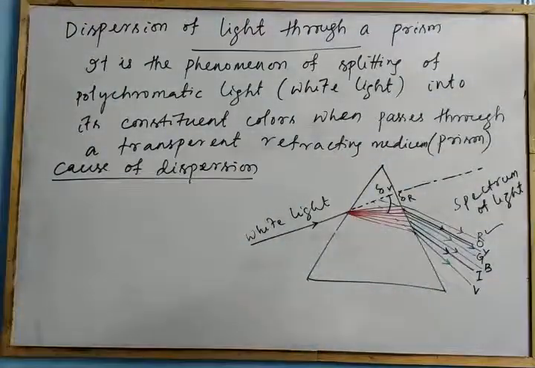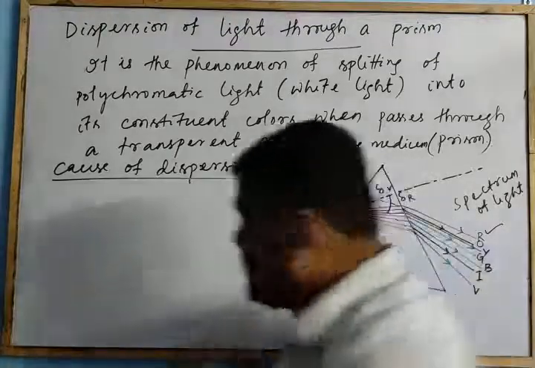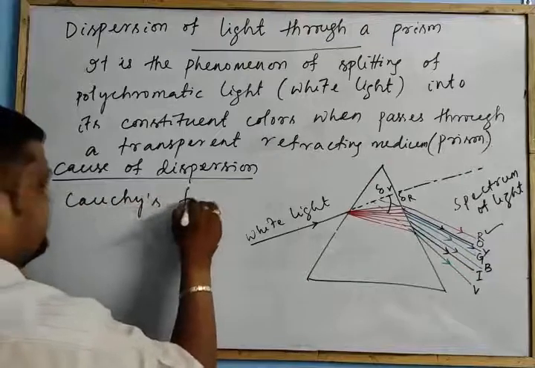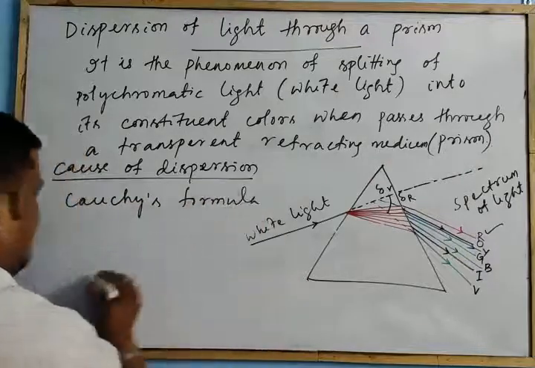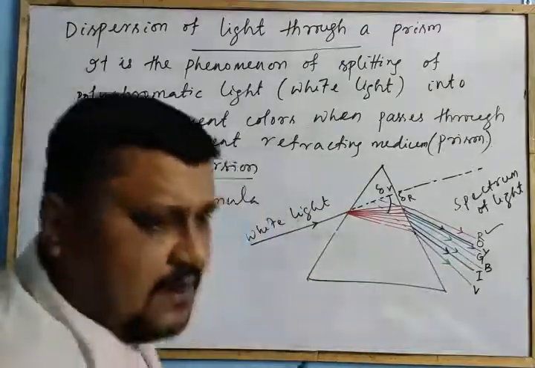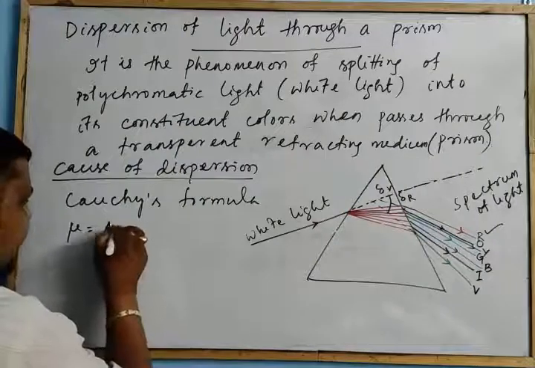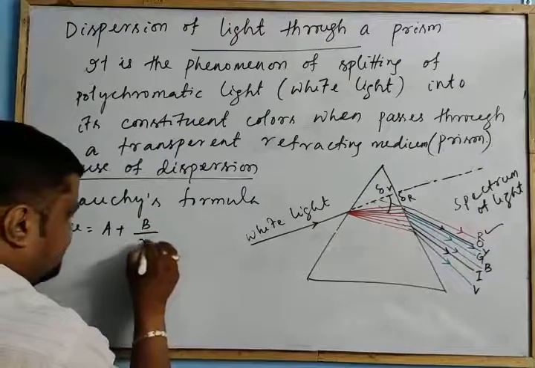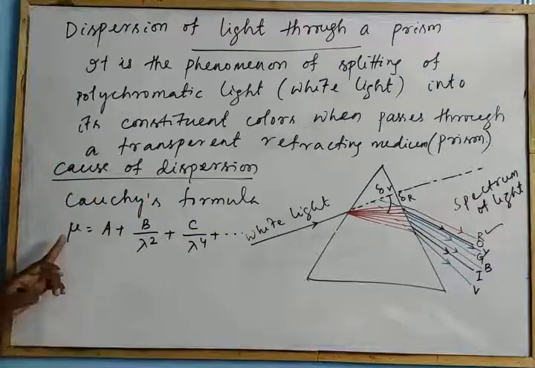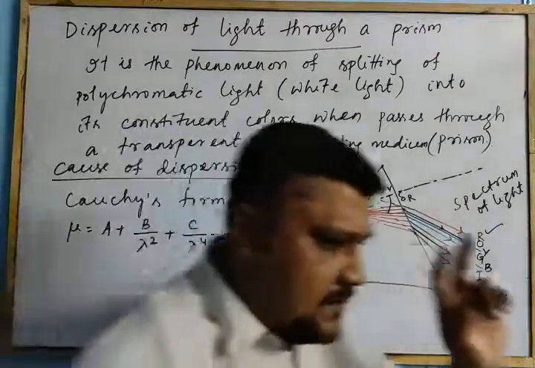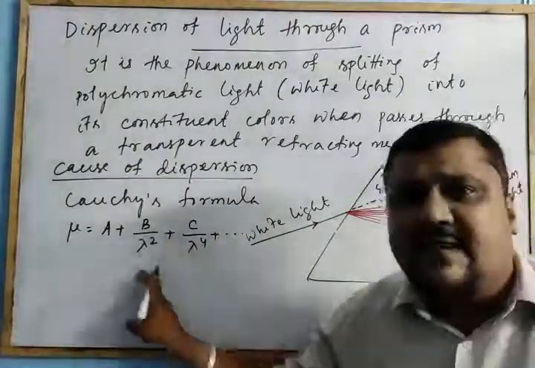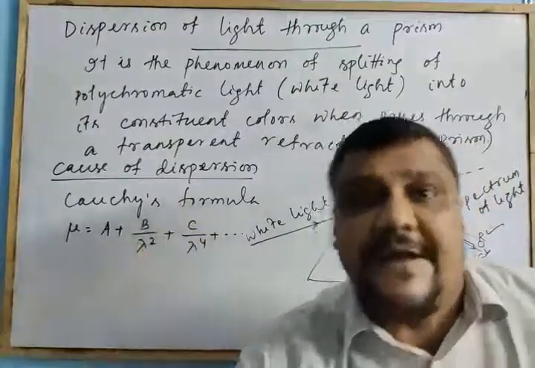Why does this happen? As you know, according to Cauchy's formula, the refractive index of the material is A plus B by lambda square plus C by lambda 4 plus like that. Means the refractive index of the material of a prism or a refracting medium depends on the wavelength of light passing through that medium.